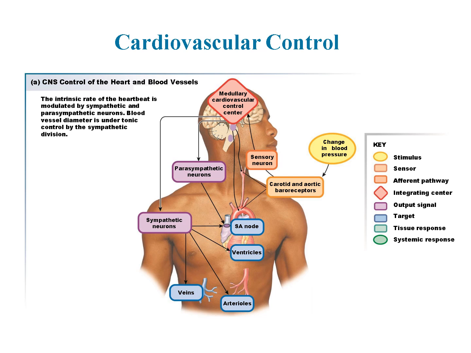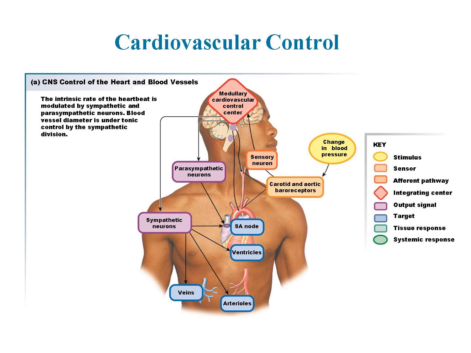The cardiovascular system is regulated by the central nervous system, which controls the heart and blood vessels to maintain stable circulation. The medullary cardiovascular control center, located in the brainstem, plays a key role in this process by integrating sensory input and adjusting cardiovascular function accordingly.